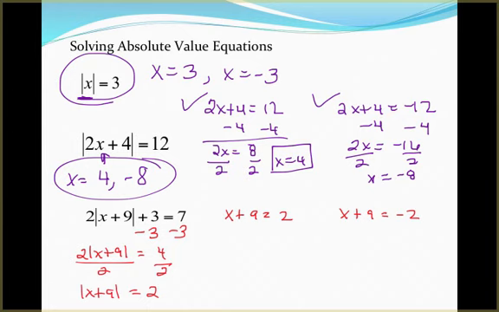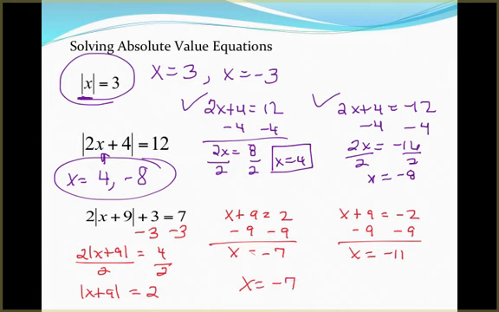So solving this first equation, subtract 9, x is equal to negative 7. On the next equation, if I subtract 9, I get x is equal to negative 11. So it looks like my two solutions are negative 7 and negative 11. But now let's check those. If I put negative 7 back into this, negative 7 plus 9 would be positive 2.